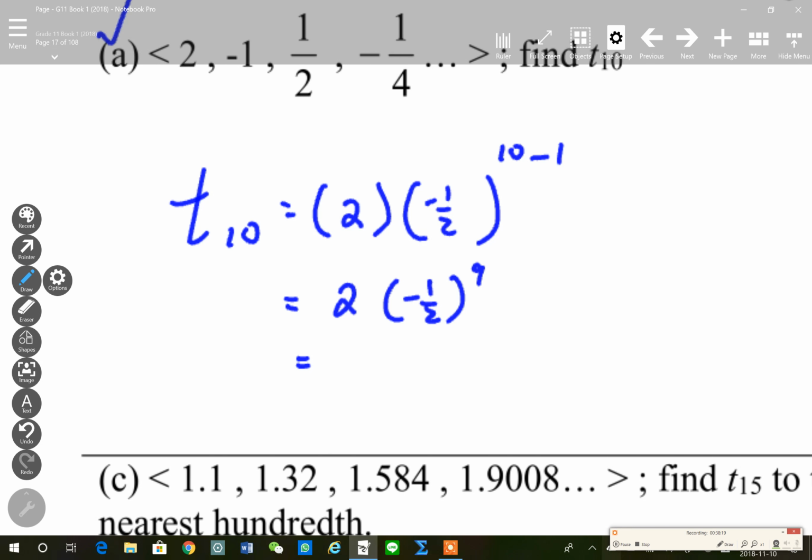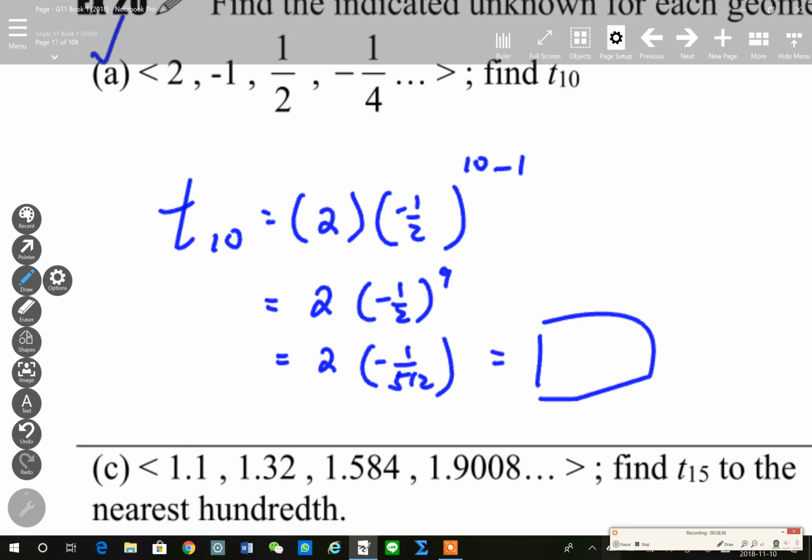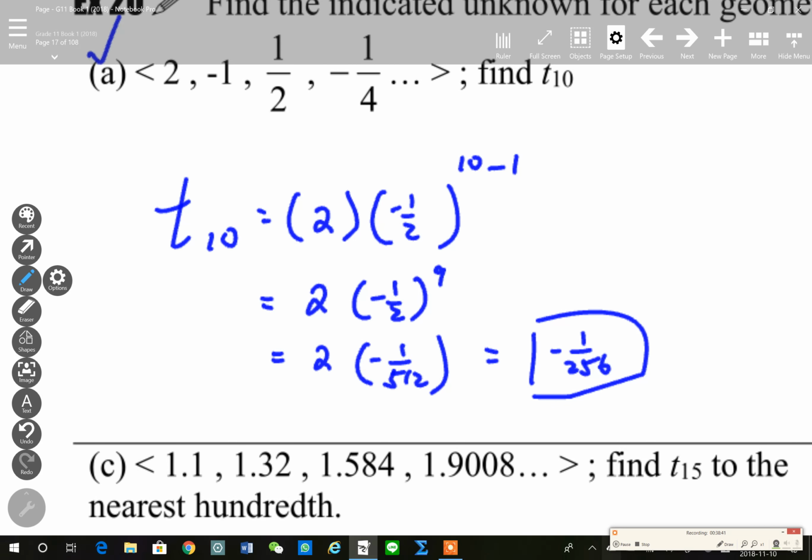What's negative half to the 9? It's 512. Positive, negative. So the answer is negative 1 over 256. Yeah, 2, 5, 6. Any questions? Yeah, but after reduce, right?